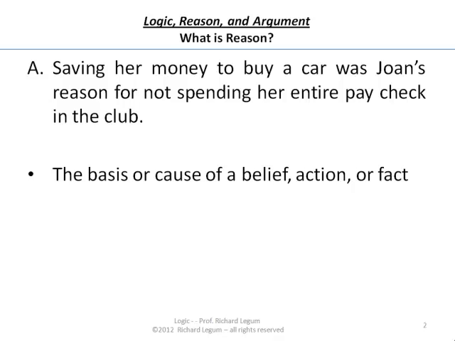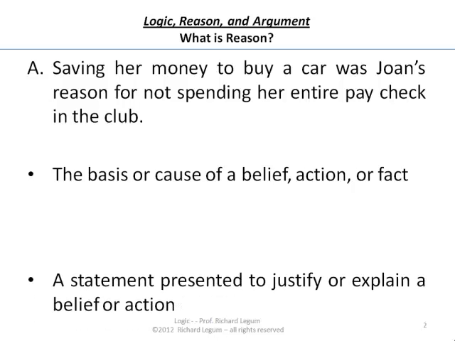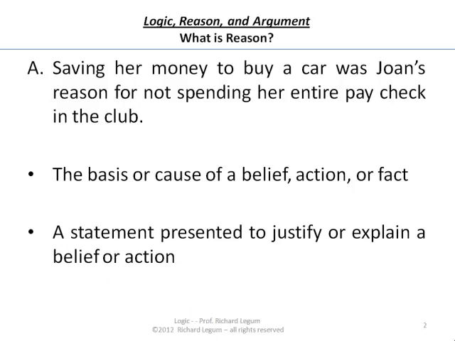The basis of that, the cause of that, was that she wanted to save her money to buy a car. Another way of looking at reason in this case is a statement presented to justify or explain the belief or action. What explains the fact that Joan didn't continue spending her money, having a good time in the club, was that she was saving her money for a car.